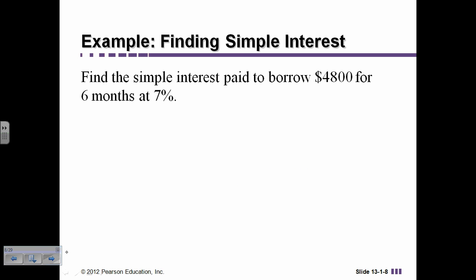So if we have this example, I want to find the amount of simple interest paid to borrow $4,800 for 6 months at 7% interest. So R equals 7%, which is 0.07, because we have to write it as a decimal. T is 6 months, which is 6 over 12.